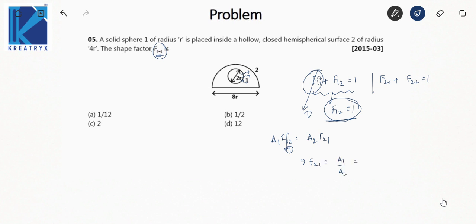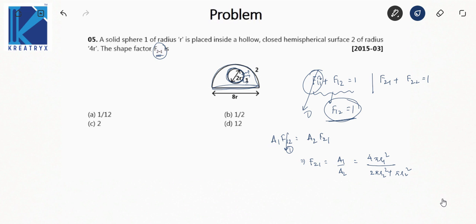What is A1? A1 is 4 pi R1 square and A2 is 2 pi R2 square plus pi R2 square. Okay, this will be the area of sphere, that is 4 pi R1 square, and this will be area of hemisphere, that is 2 pi R2 square plus the area of this flat surface, that is pi R2 square.